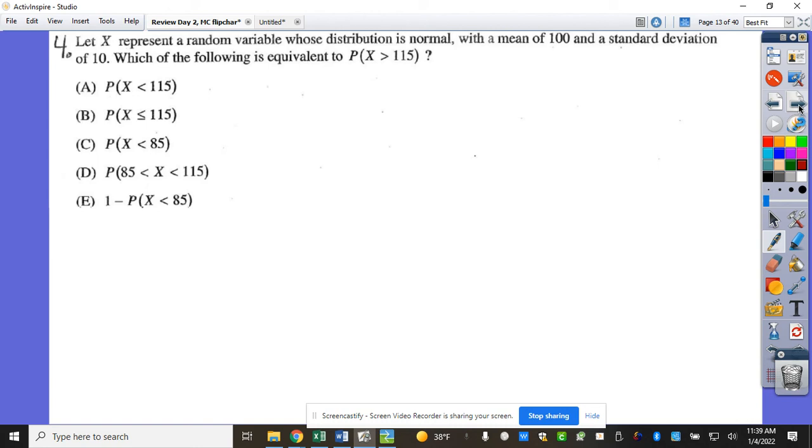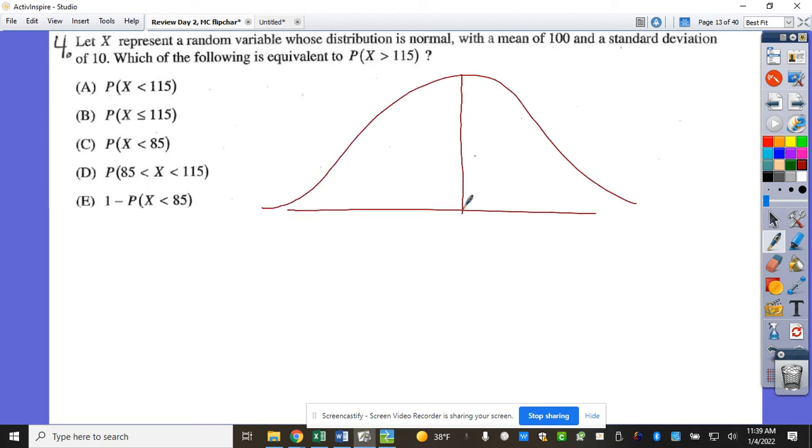I'm going to draw a little bit more than I have to start out with, but I'm going to erase it just so we're all on the same page. The distribution is normal with a mean of 100, standard deviation of 10.